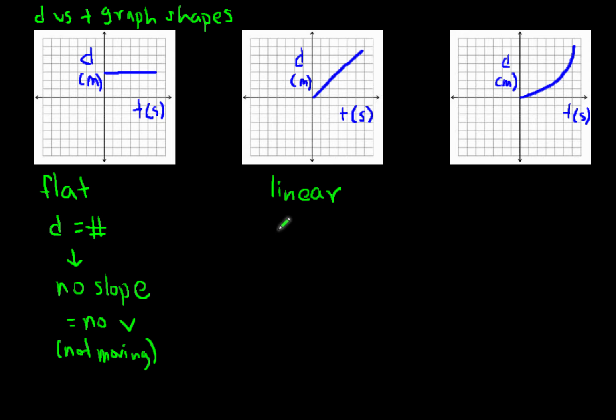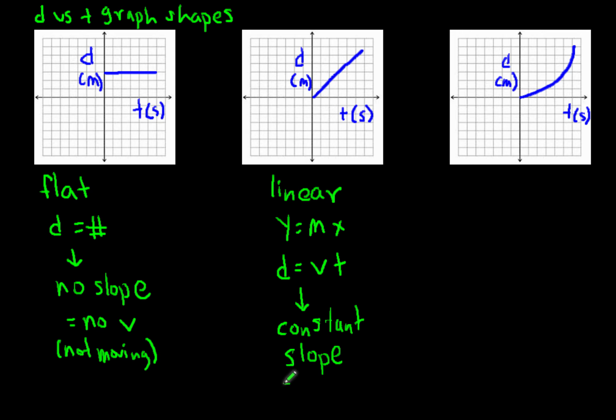If it's a linear graph, that means we have an equation like y equals mx, y is d, m is v, and x is t. This is a constant slope graph, which means we have constant velocity.